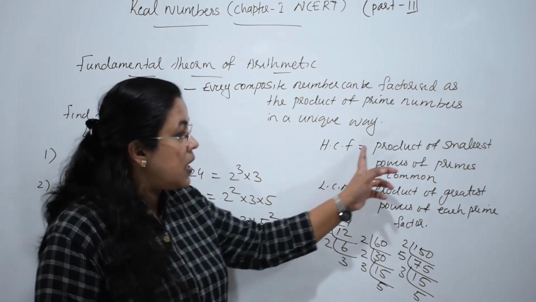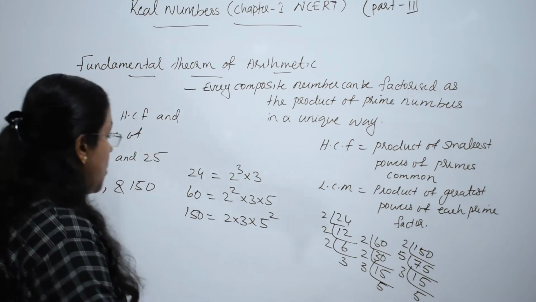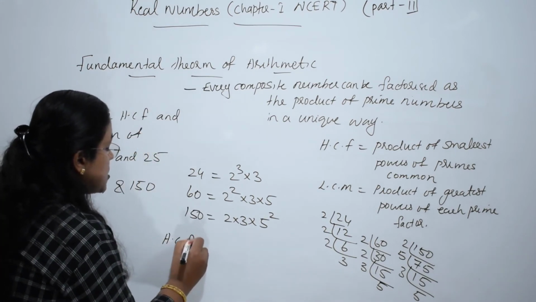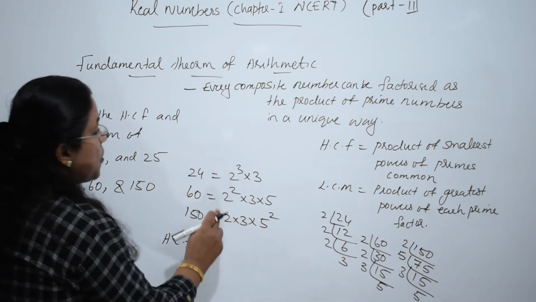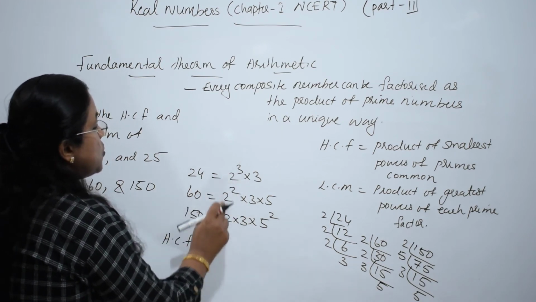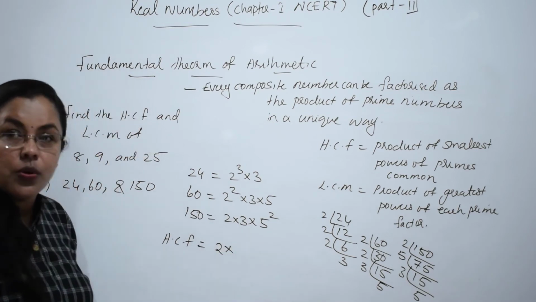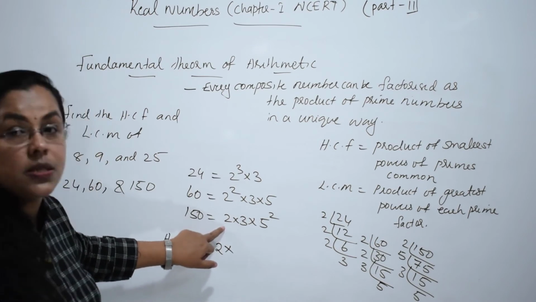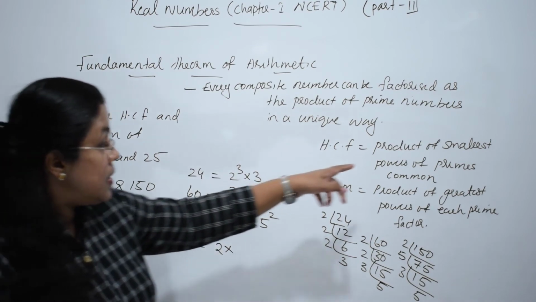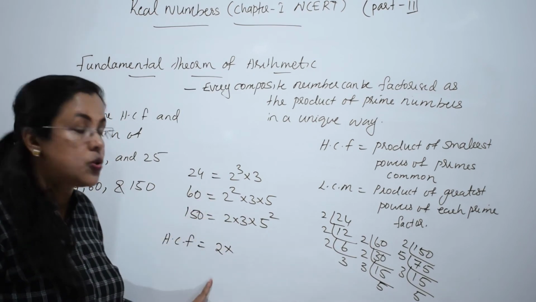What is HCF? Product of smallest powers of primes. What is common in all the three? Only 2 is common. From 2 square and 2 cube, the smallest power of prime is 2.